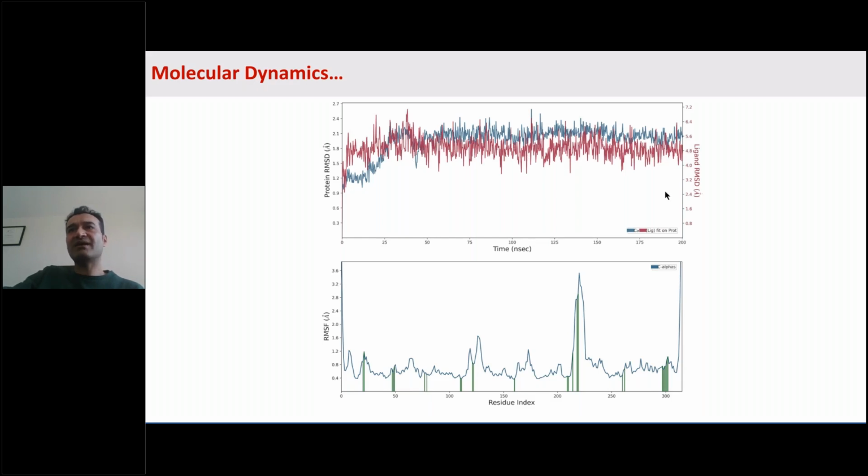You can see the fluctuations of each individual amino acid here. The green vertical lines represent the amino acids that are interacting with the ligand. If the fluctuations here are low, it means the amino acid is being stabilized by the ligand upon binding.